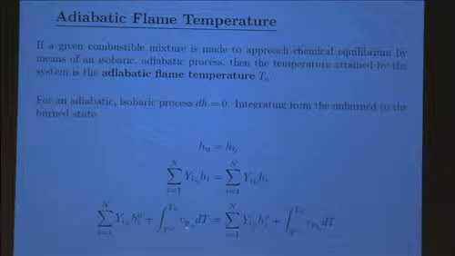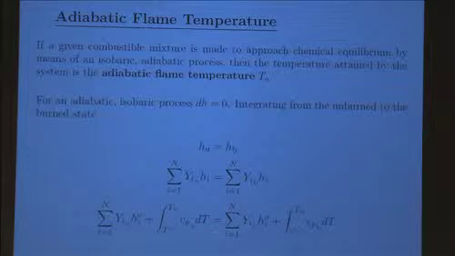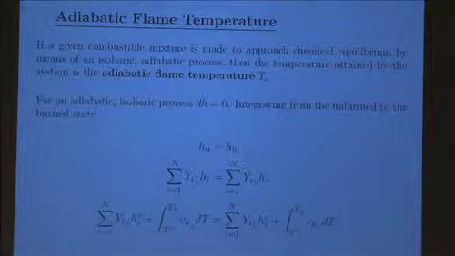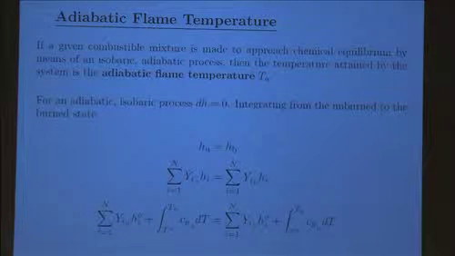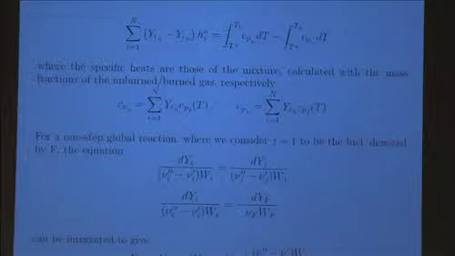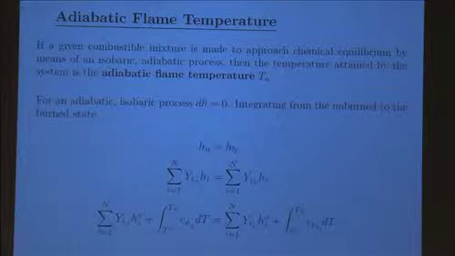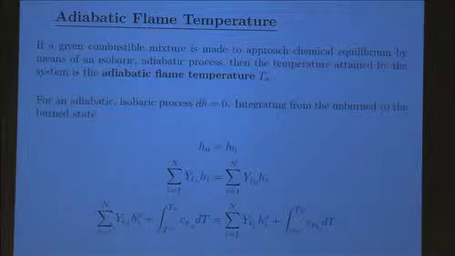Now, of course, the Cp here is the Cp of the unburned mixture, U. And the Cp here is the Cp of the burned mixture, right? So it's a summation of the Cp_i Y_i in that state, whether it's unburned or burned. Okay, so this is exactly the same relation that was written here after moving this term to the left-hand side and this term to the right-hand side.